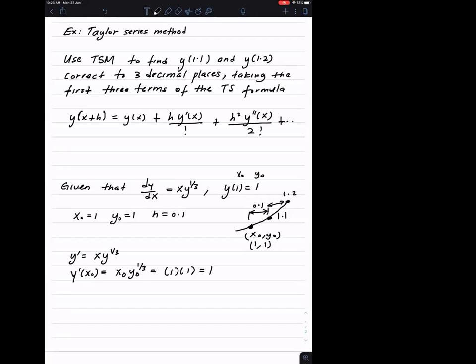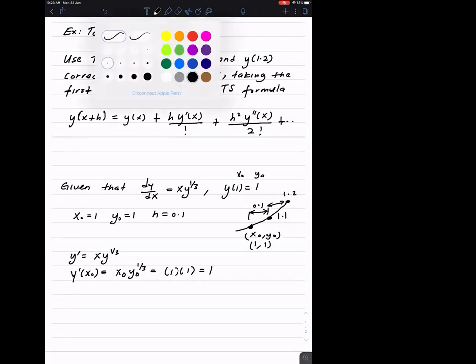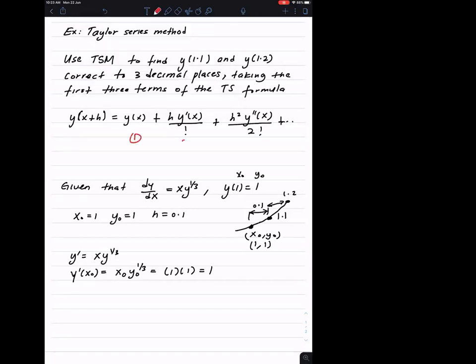This problem just wants you to take the first three terms. This is term 1, this is term 2, and this is term 3. They just want you to use three terms.